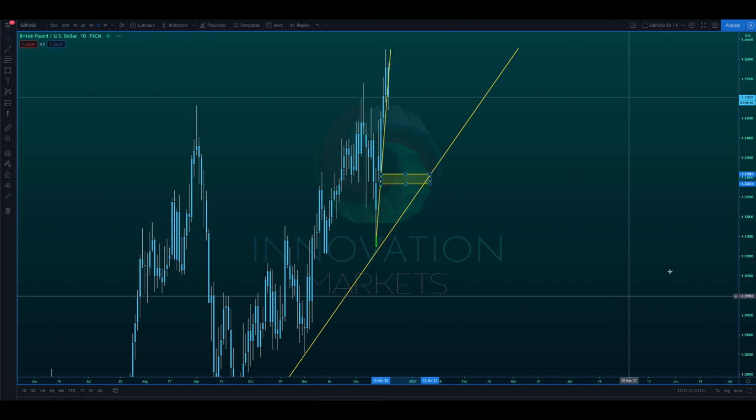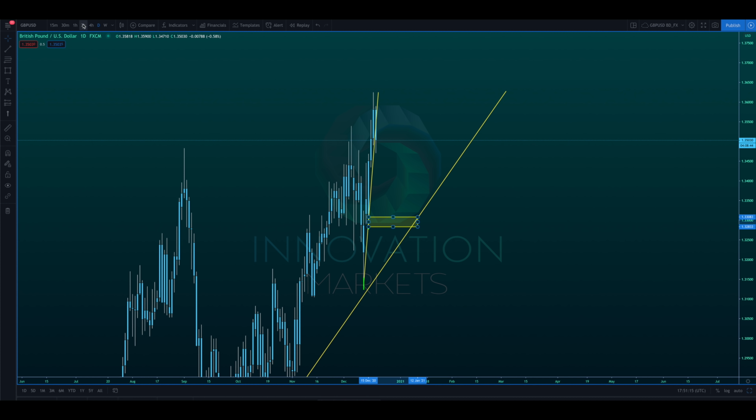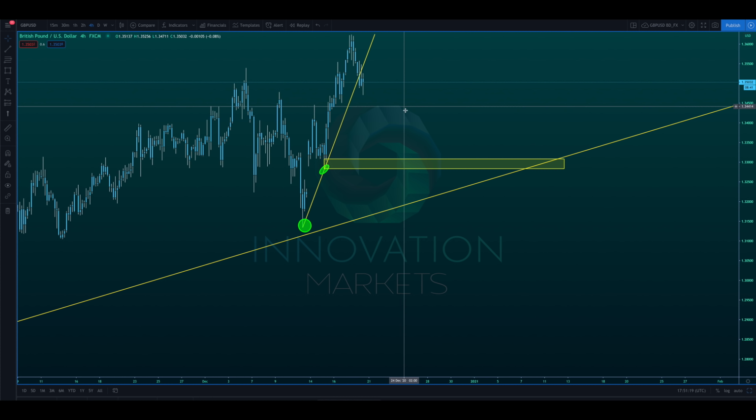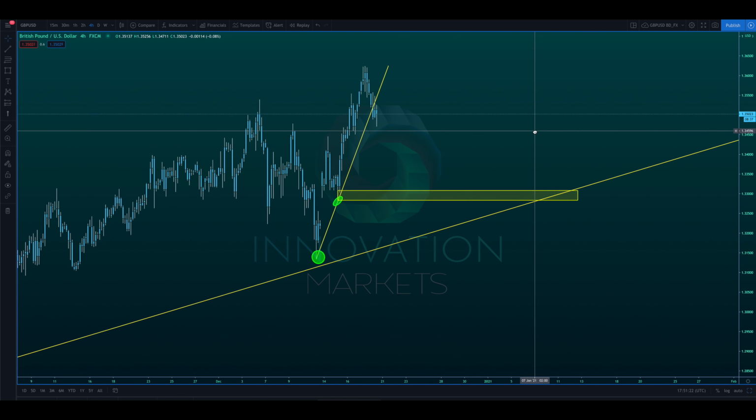What we can probably see in the next couple of weeks is that price, sorry guys, this might get a bit choppy, might slowly come down to sort of this area before maybe making a move back up. But right now, on the outer trend line, price has just broken this trend line here, point 1, point 2, point 3.